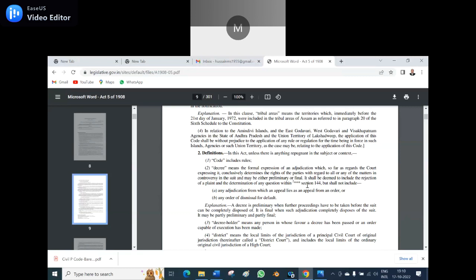It shall be deemed to include the rejection of a plaint and the determination of any question within section 144, but shall not include, of course, they have given the subclauses.